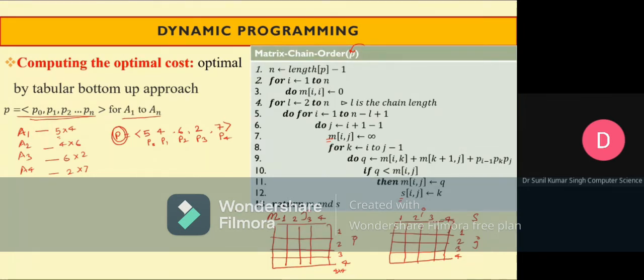Now look here. Let me write this P somewhere here to have space for explaining the concepts. So 5, 4, 6, 2, 7, that is P0, P1, P2, P3, P4.